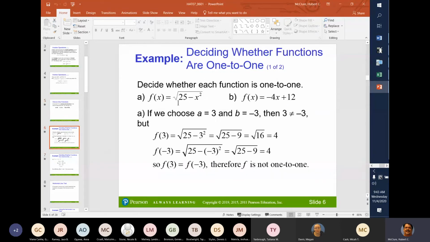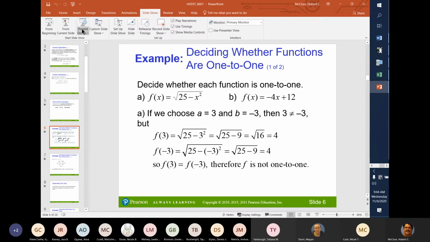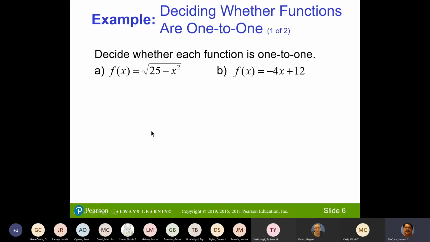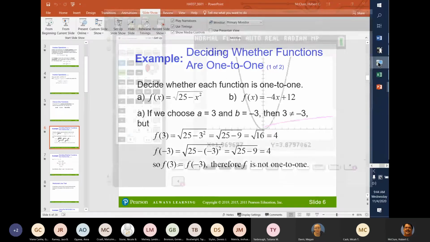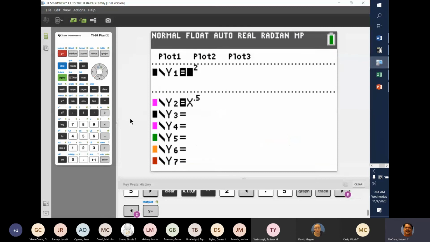There's the question right there. So let's look at this one. And the best way to find it is to graph it. So f of x is equal to the square root of 25 minus x squared. So I'm going to take my handy dandy calculator, and I'm going to graph, clear, clear.